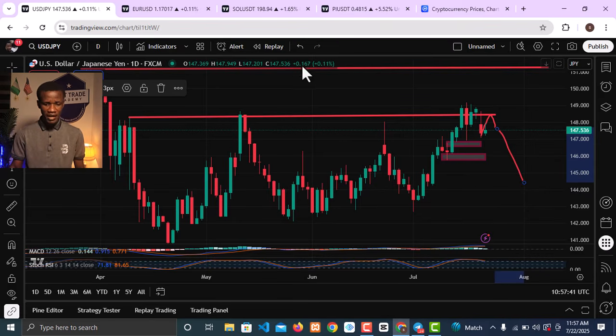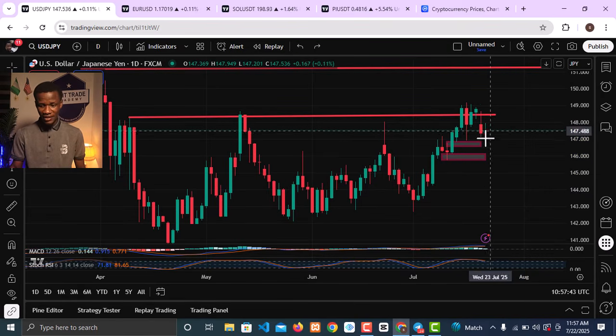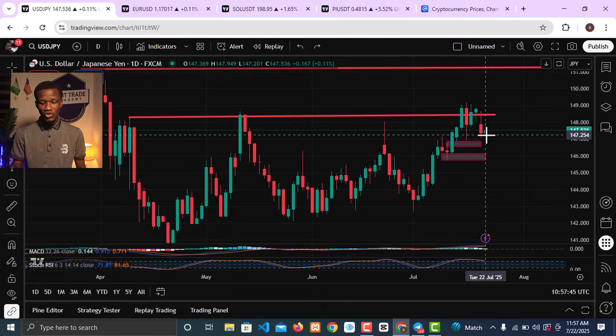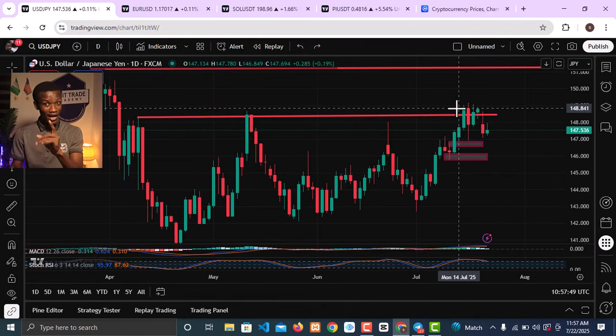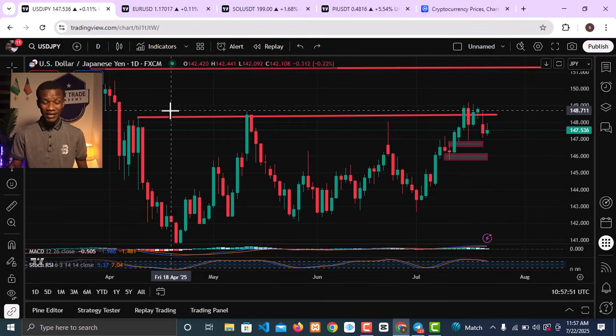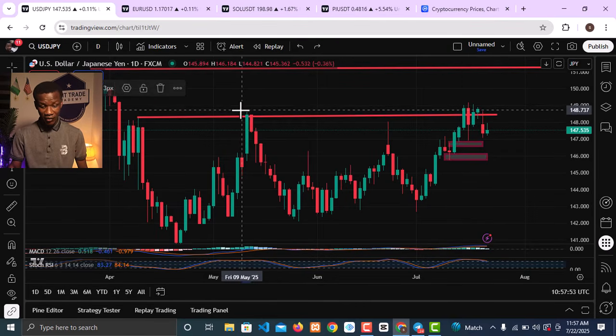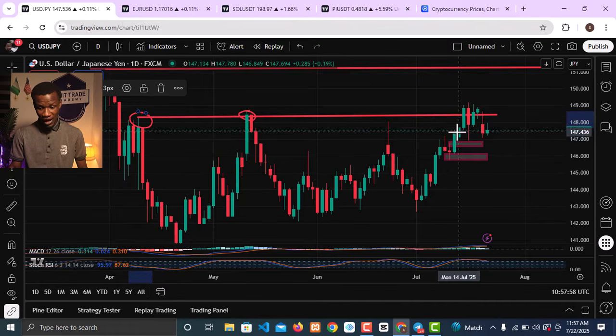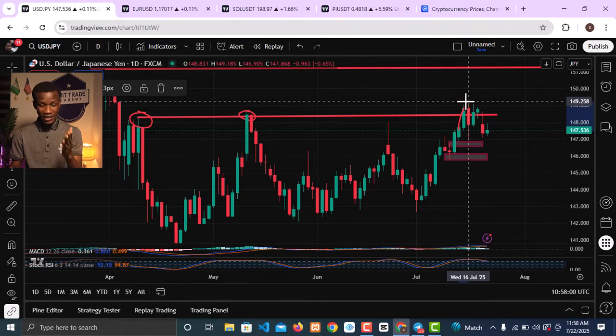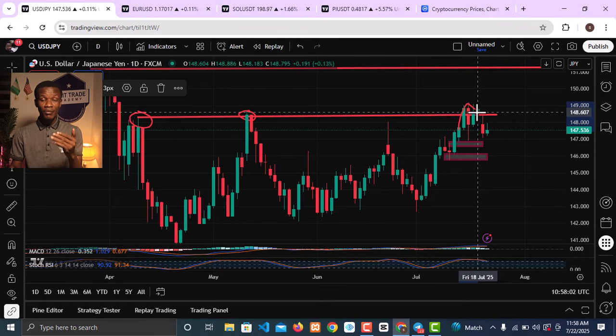So from here, what I am expecting is for the market to move downward, in my opinion, from this very point. Why? Because number one, liquidity has been grabbed from this very area of resistance right here. The market pushed up a little bit, grabbed liquidity and came back down before the closure of the market on Friday.